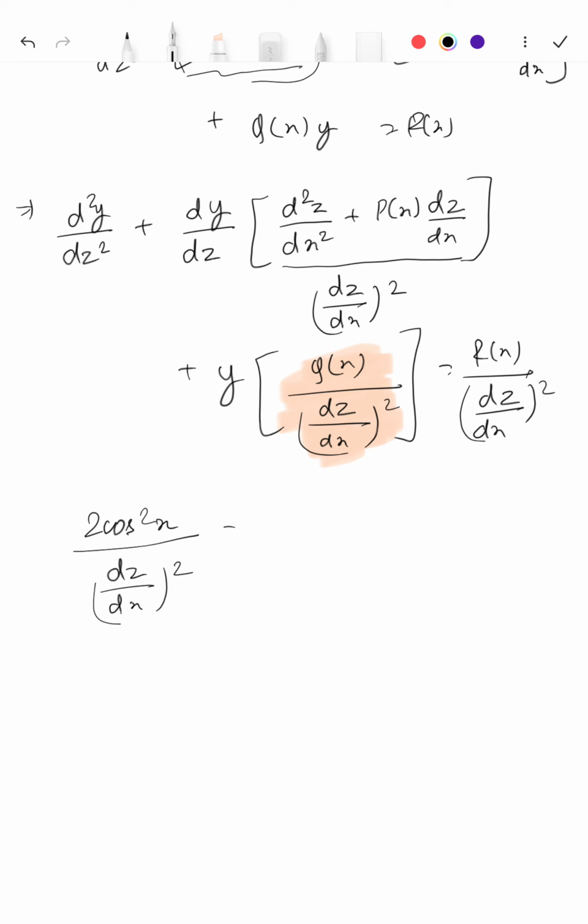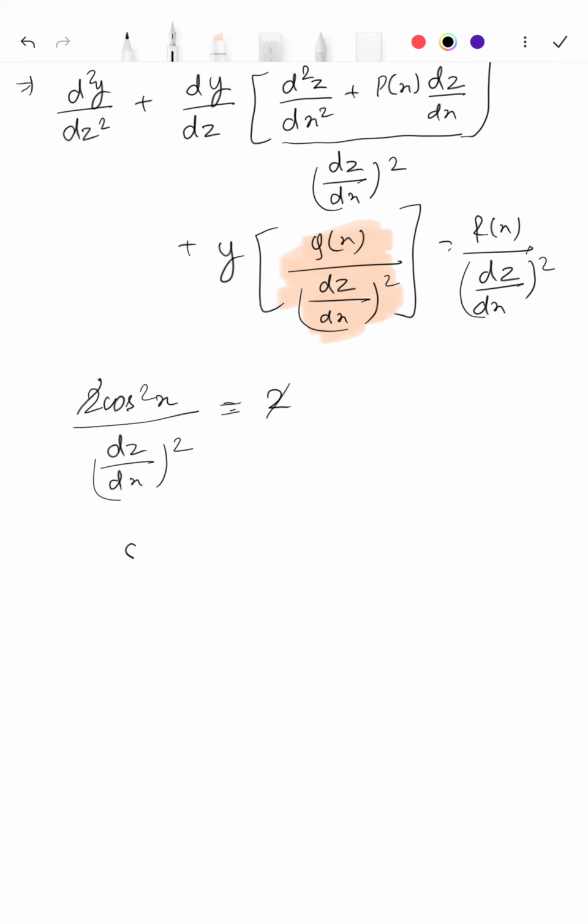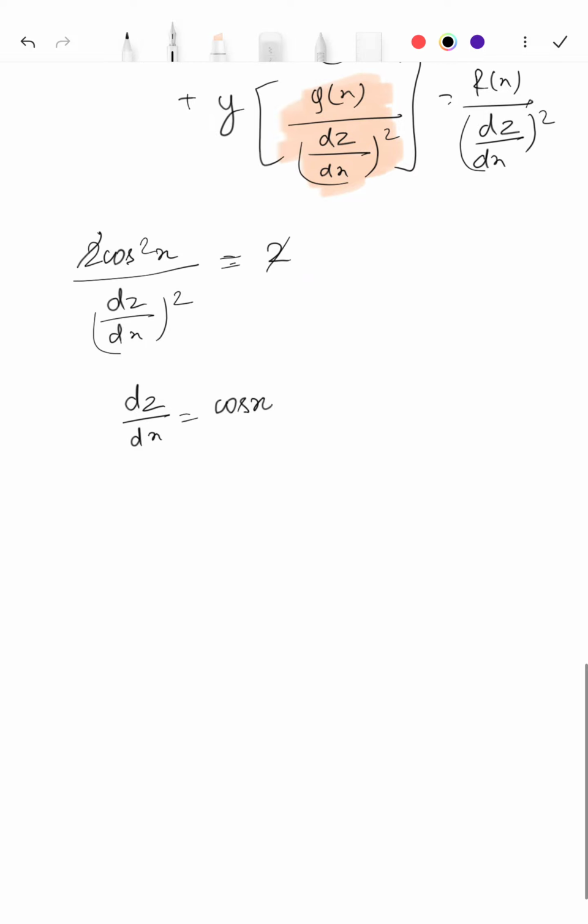So I have to make a call. I can take any value of it such that it becomes a constant. So for the sake of simplicity of calculation, let's take it as 2, so that this 2 and 2 get cancelled out. So what we get here is dz by dx is equals to cos x, right? You can also take it as minus cos x or cos x, it's your choice. So I am taking it as cos x. So what we get here is z is equals to sin x.